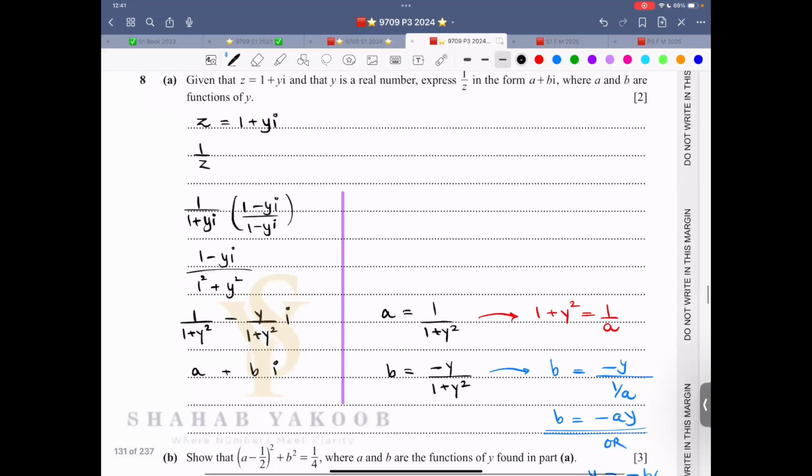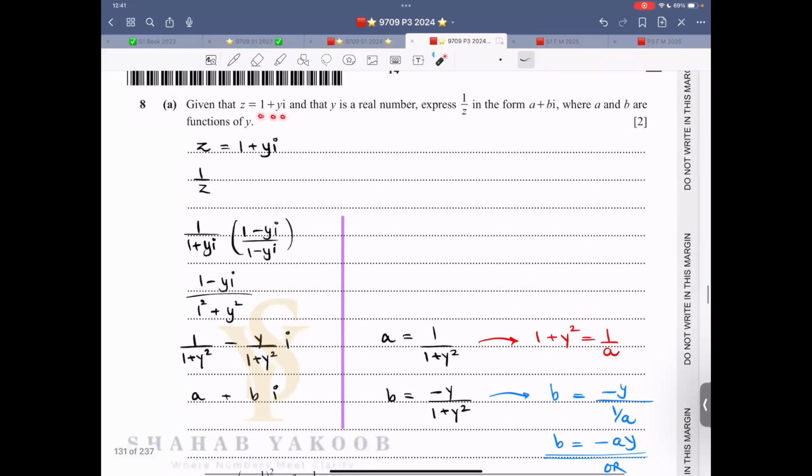It says, given that Z is 1 plus yi, where y is a real number, express 1 over Z in this form where A and B are functions of y. So they are not just some constants, they are functions of y. So Z is 1 plus yi, 1 over Z is 1 over 1 plus iy. And then what do we do? We multiply and divide by the conjugate of the denominator.